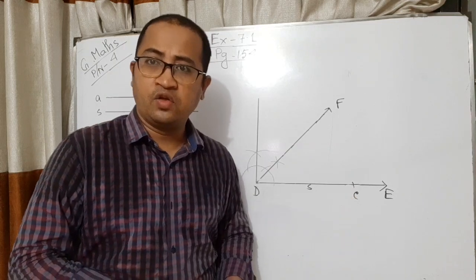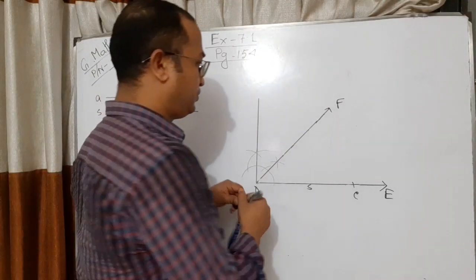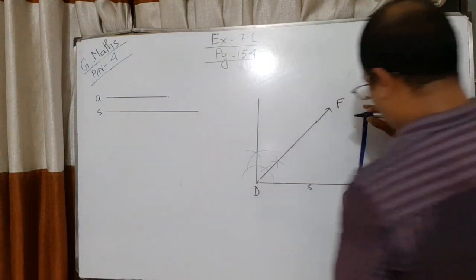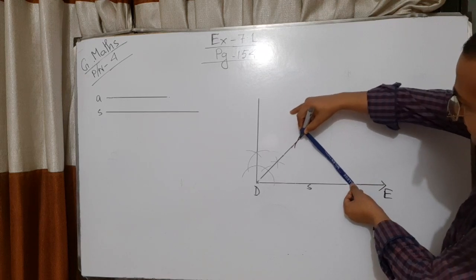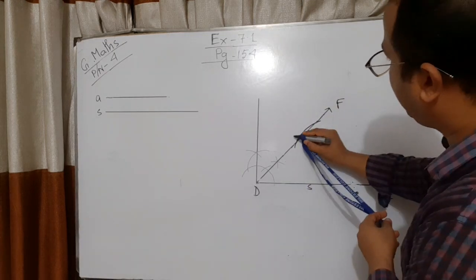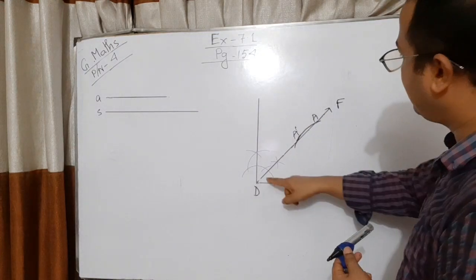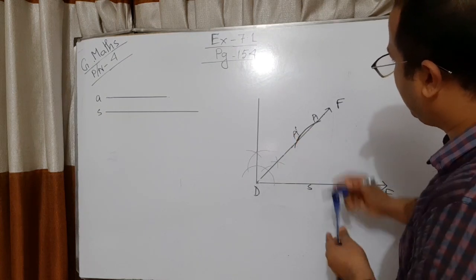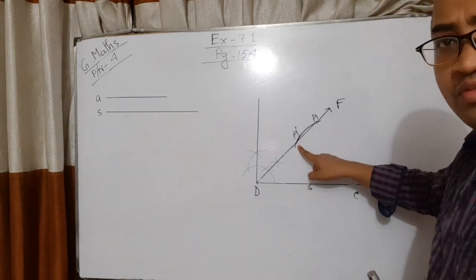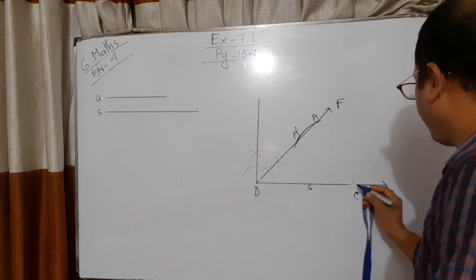Now, centering C, with the radius A, we draw an arc like this, which cuts the line DF at the point A prime and A. Now, from the point A prime, we will draw the perpendicular A prime B prime to the line DC.